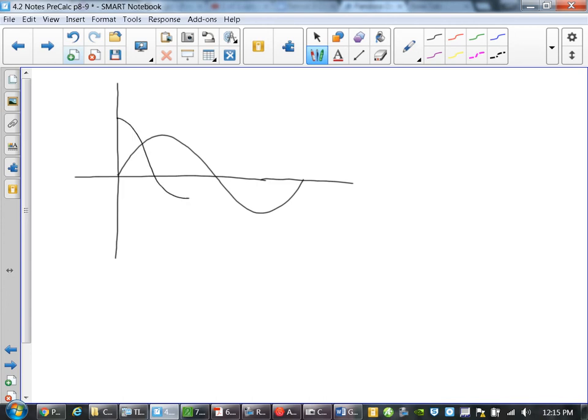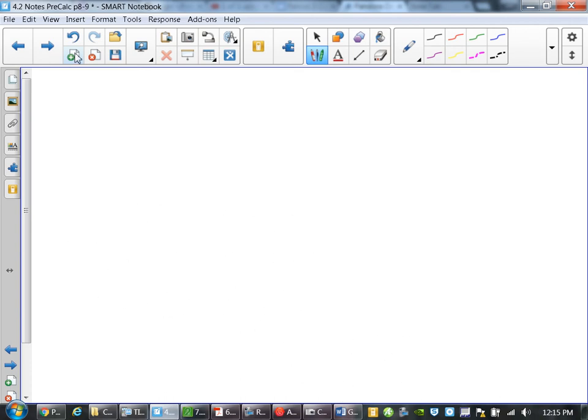But the oddball was tangent. What was the period of tangent? It was pi. It had asymptotes. The reason that it had asymptotes is because it was undefined at values, whereas sine and cosine were continuous functions.